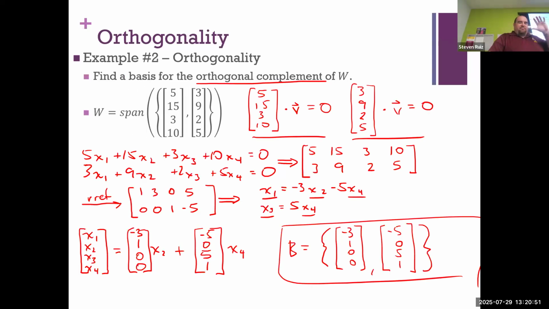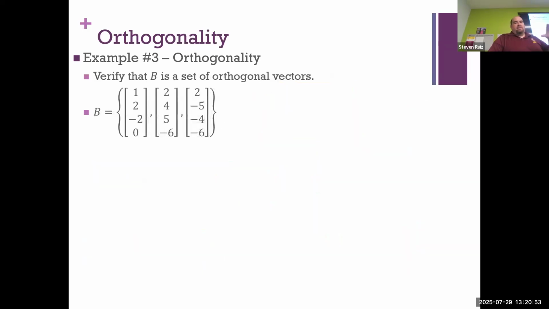So now we've found some orthogonal complements. Now we're going to work this idea of an orthogonal basis, something we have not required of any of the bases we've dealt with before, but as we're going to build up to. So first, let's verify this. Are these three vectors orthogonal? How could we answer that question?